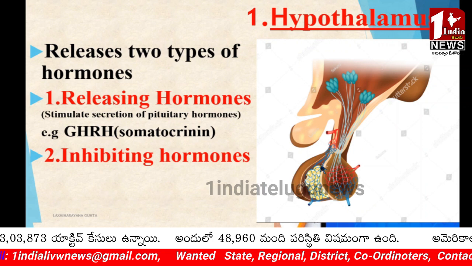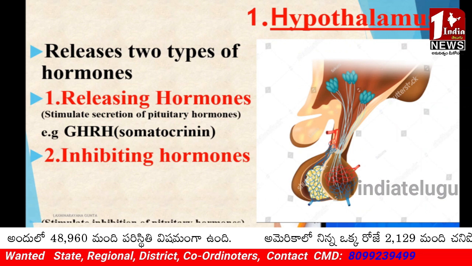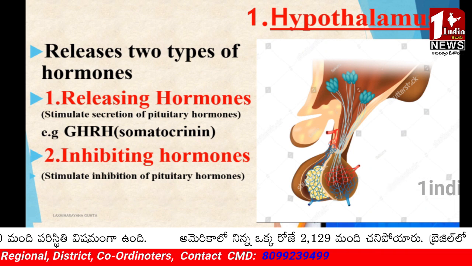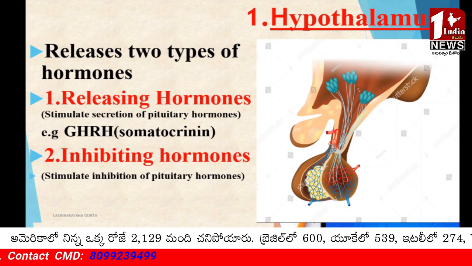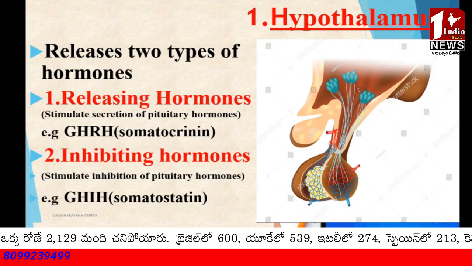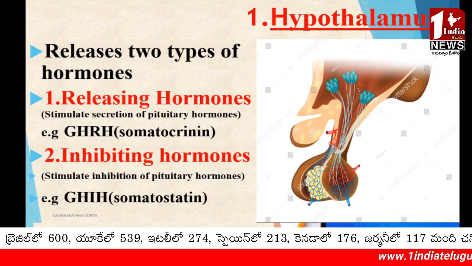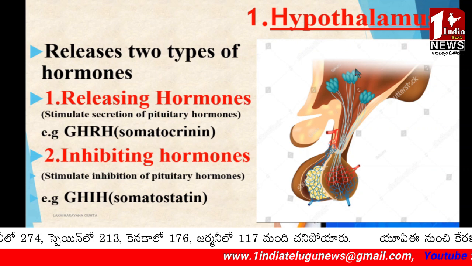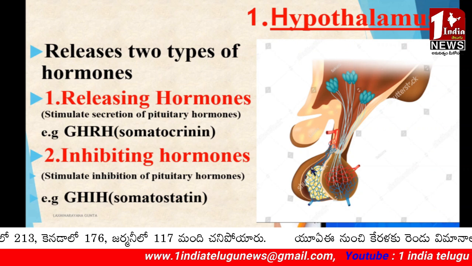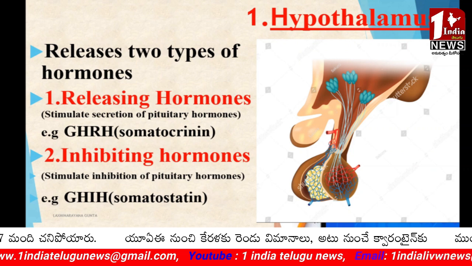The second type of hormones released by the hypothalamus are inhibiting hormones. These inhibiting hormones inhibit the release of pituitary hormones. Example, GHIH. GHIH means somatostatin. This growth hormone inhibiting hormone, secreted by the hypothalamus, acts on the pituitary, and thereby growth hormone release is stopped.